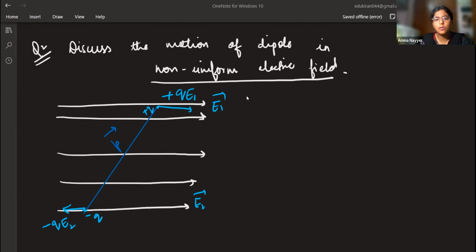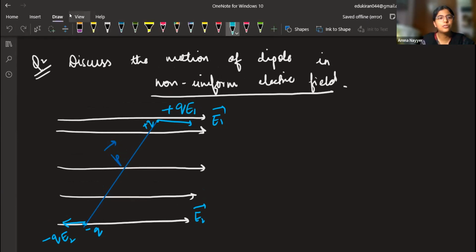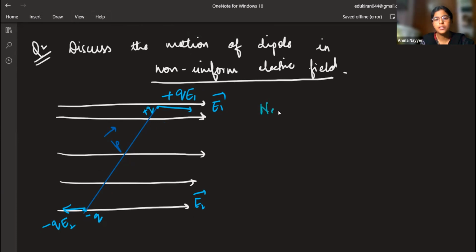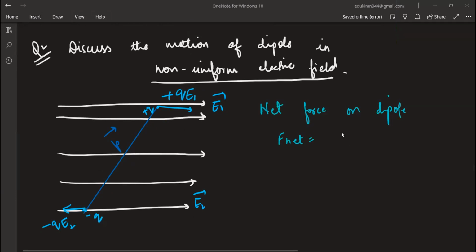So when we are calculating the net force on the dipole, F net will be equal to plus QE1 minus QE2.